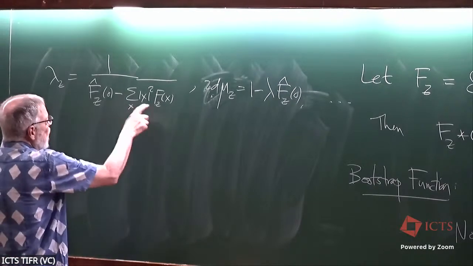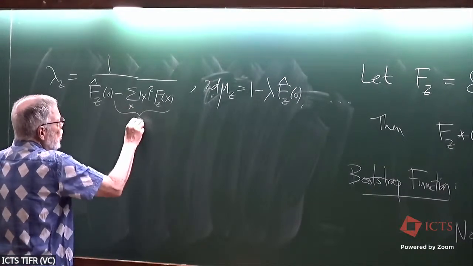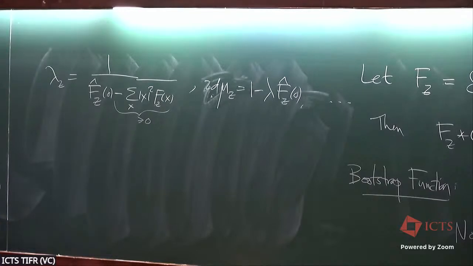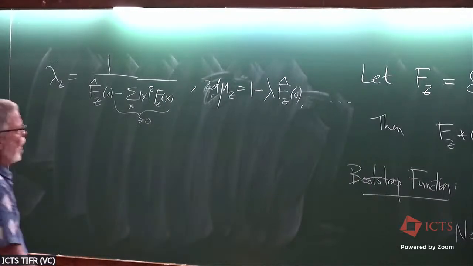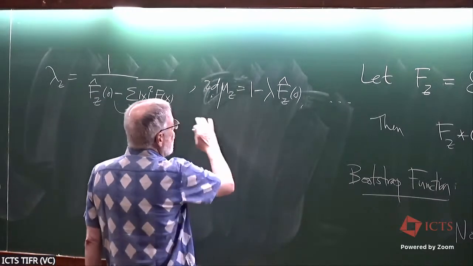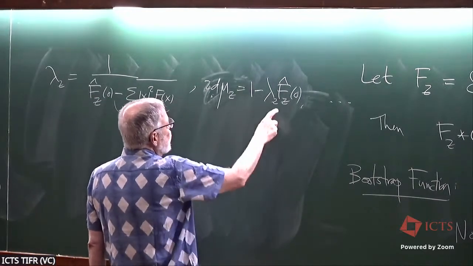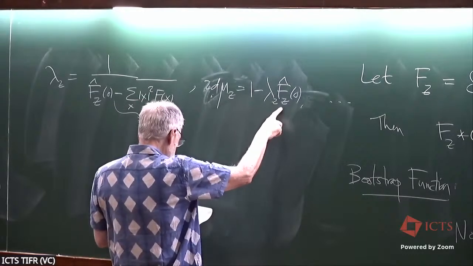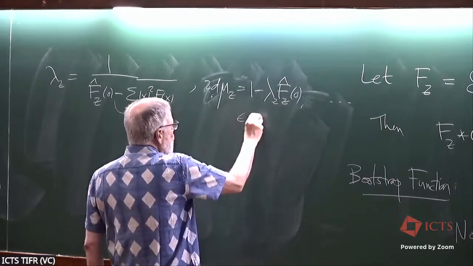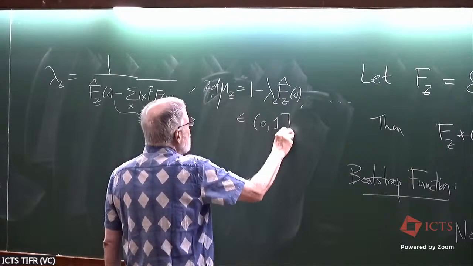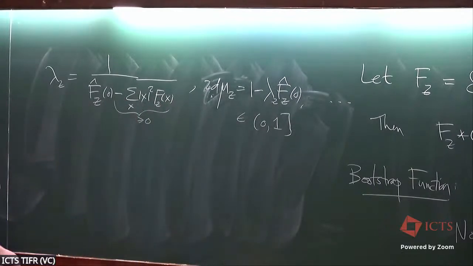This looks negative, but actually this is greater than or equal to 0. There's also a minus sign inside the f. And so lambda_z is greater than or equal to 0. This turns out to be inside (0, 1). It's not hard to check that, but I won't go through that right now.